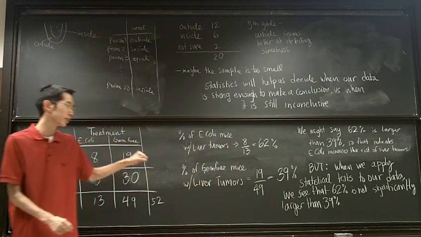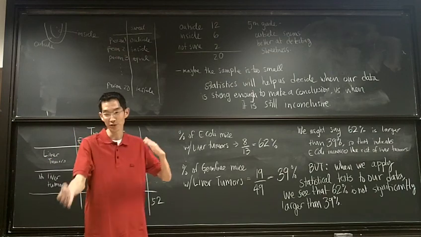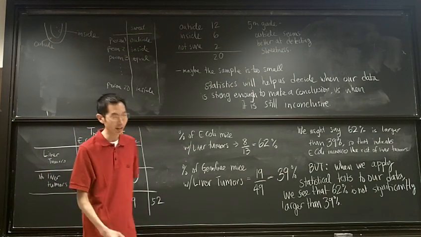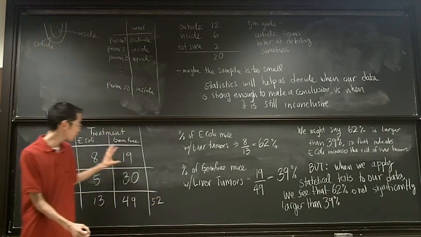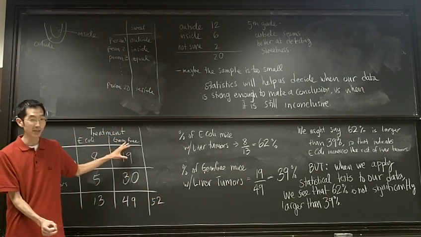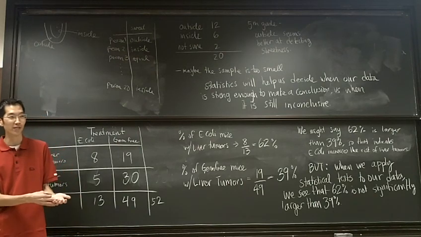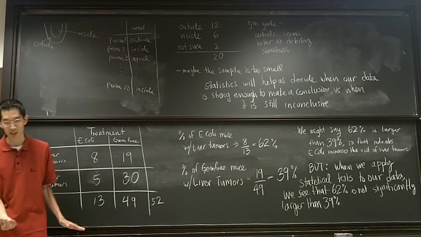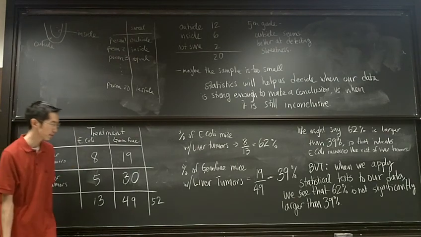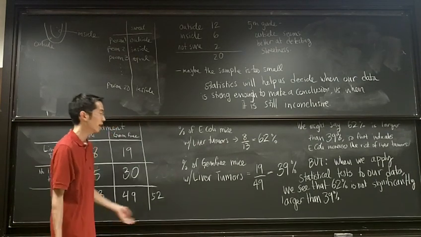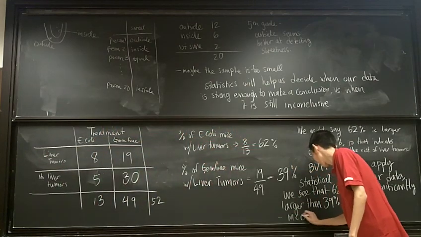In other sets of data, smaller percentage differences are actually significant because you've collected a much larger sample. So this data we would still say is inconclusive towards answering our question of does the exposure to E. coli increase the risk of liver tumors? Okay, so statistics would say inconclusive.